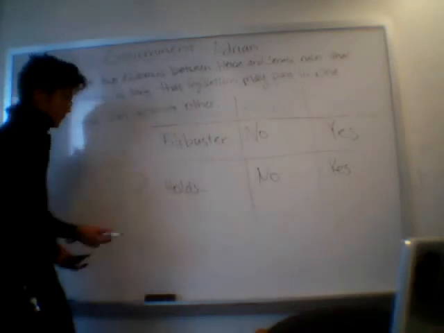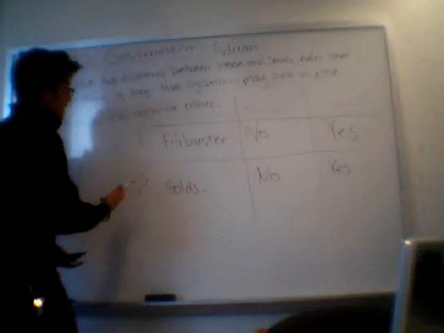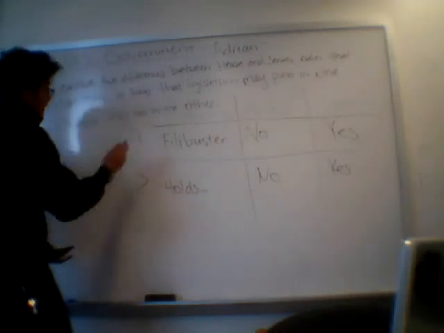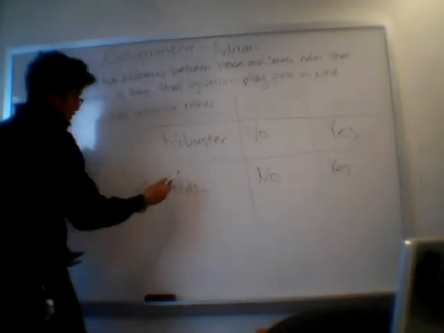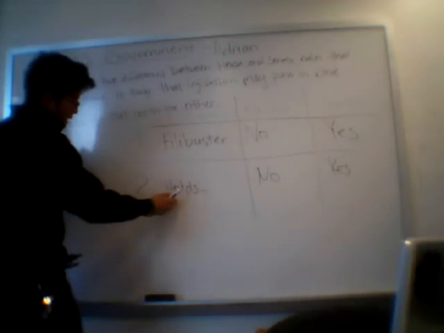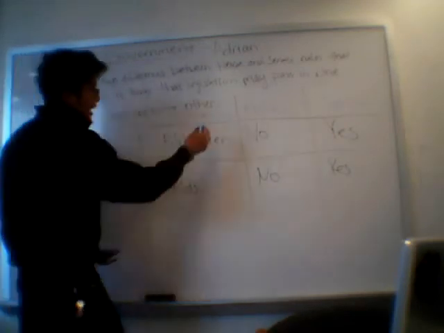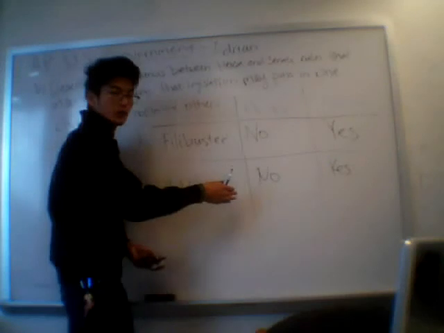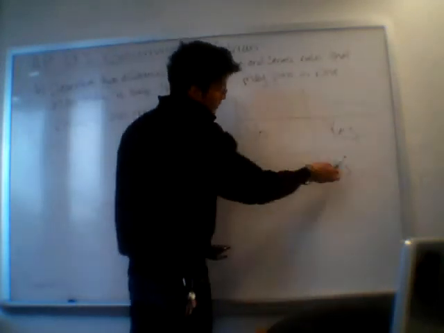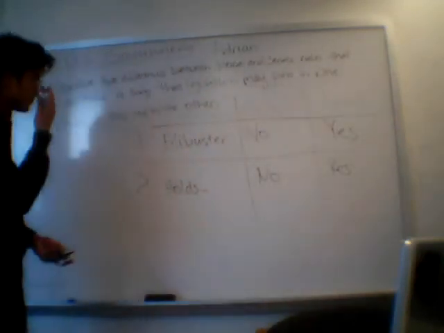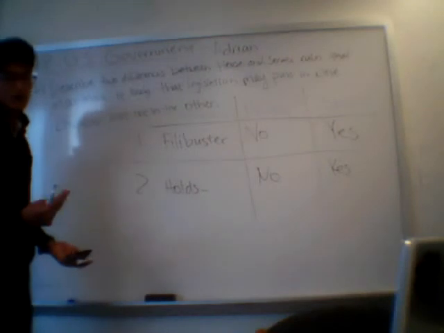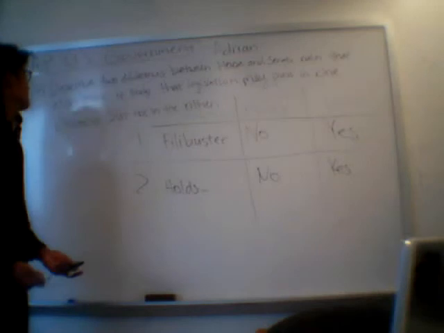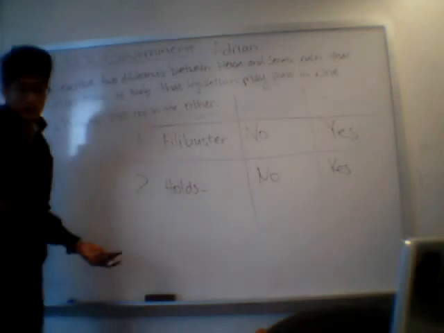The second part of the answer you could say is that another difference is holds. The House does not have holds, whereas the Senate does. So those are two differences between the House and Senate rules. And that makes our answer complete.